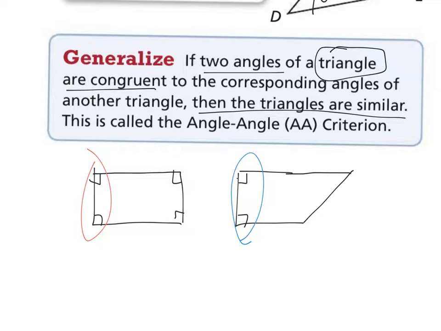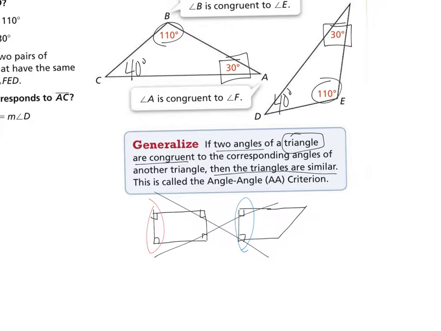Maybe this one is a sand crawler here. Trapezoid. So it doesn't work with rectangles, but with triangles, if you have two angles that are the same, the other angle automatically is going to be the same because you've got only 180 degrees to work with.